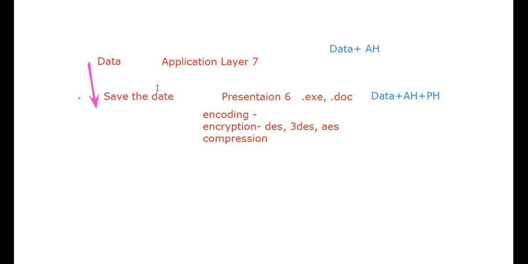I will add some info and forward it to another desk. That desk is your presentation layer. The presentation layer will add something from his side, let's say I put my seal and forward it to him. He will add his seal and forward it to another. The way every layer will add something to your existing data, that something is nothing but a protocol.